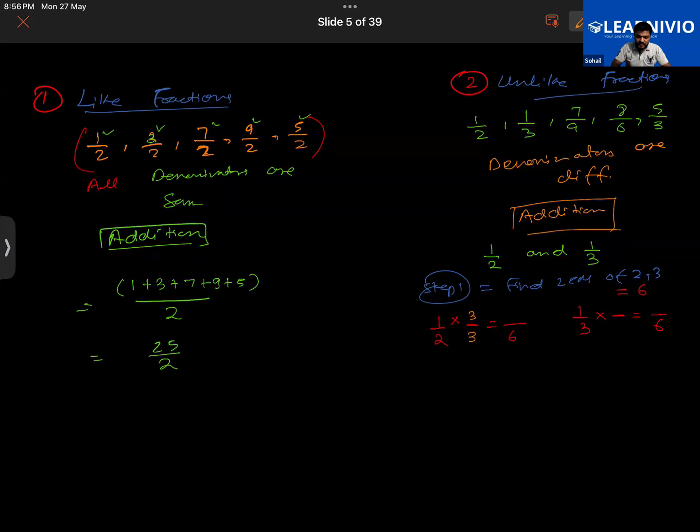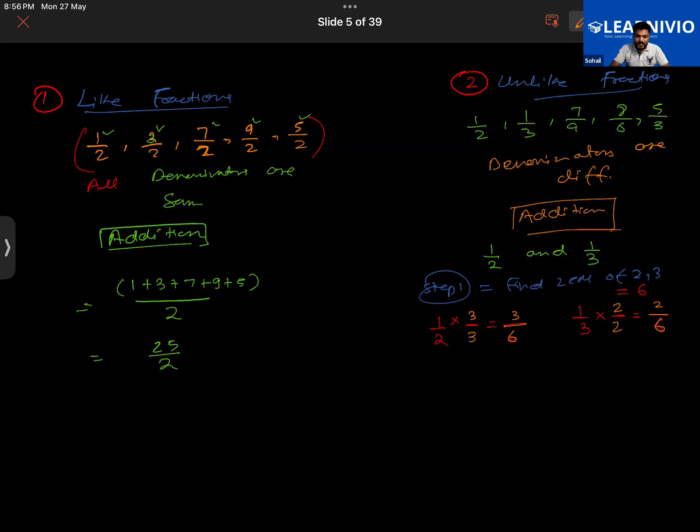So 1 times 3 is going to be 3, 3 upon 6. Then what about this over here? Here also, in order to make the denominator 6, with which number should 3 be multiplied? 2. So the numerator will also be multiplied with 2. So the number is 2 upon 6. Is it clear to you so far or not?